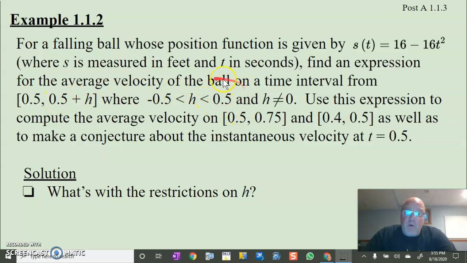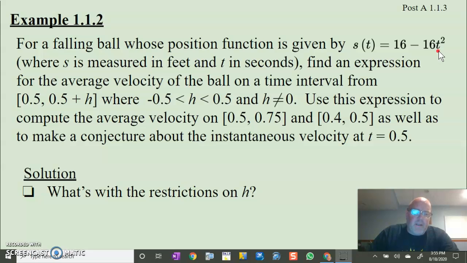And let's say h were allowed to be greater than 0.5. Let's say h were allowed to be 1. Then I'd be talking about a time interval from 0.5 to 1.5. Now that doesn't seem so bad. But if we look up at our position function, t right here cannot be greater than 1.